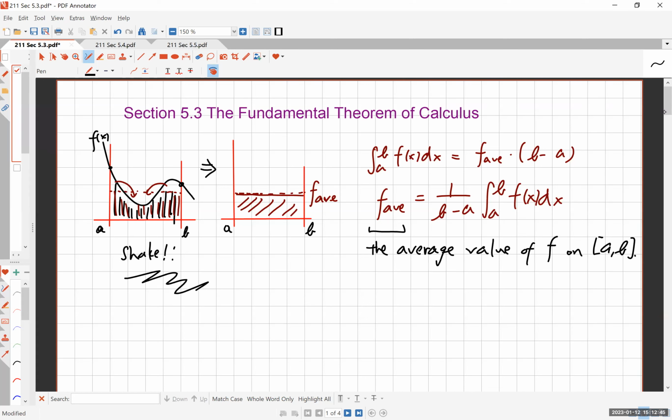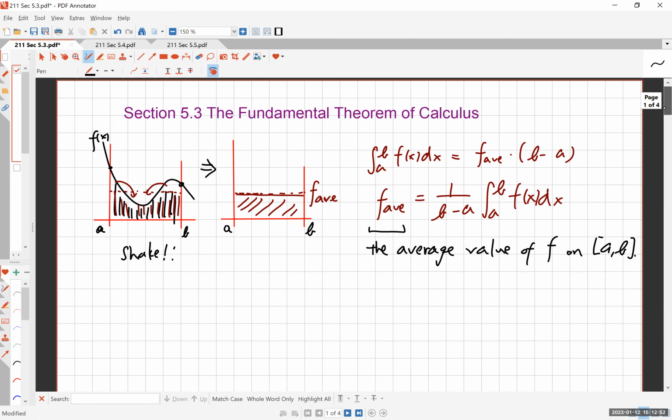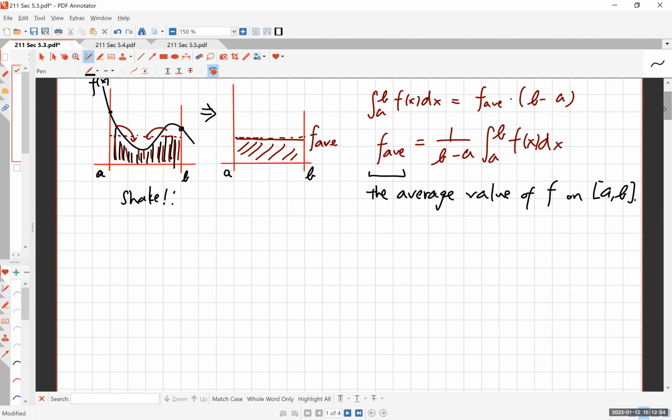All right, the reason I am talking about this is because before I can define and prove to you the fundamental theorem of calculus, which by the way is going to let you evaluate integrals in a fashion much more efficient than the limit of Riemann sums, I have to tell you a theorem that is a precursor to the fundamental theorem of calculus, and that's called the mean value theorem.